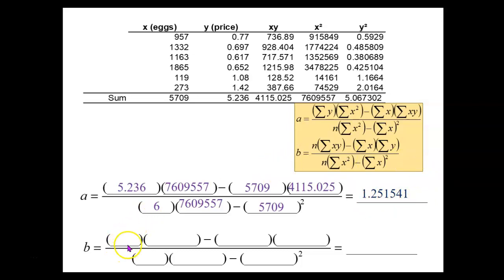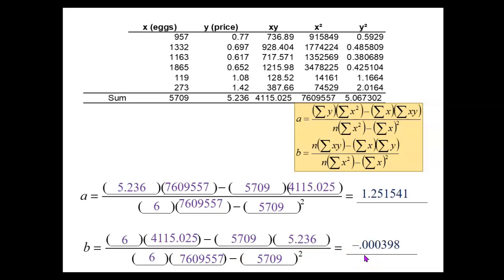Then for b, we have n, which is 6, times the sum of xy, which is 4115.025, minus the sum of x, which is 5709, times the sum of y, which is 5.236, over the same denominator as when we calculated a. So 6 times 7,609,557 minus 5709 squared.